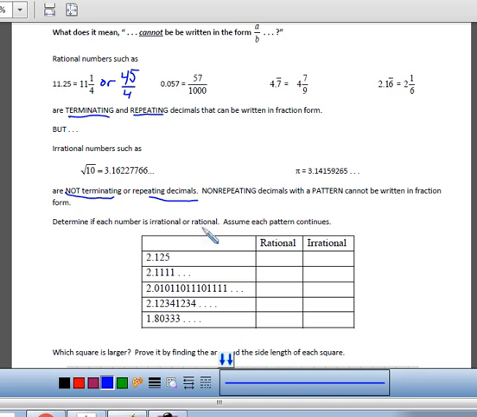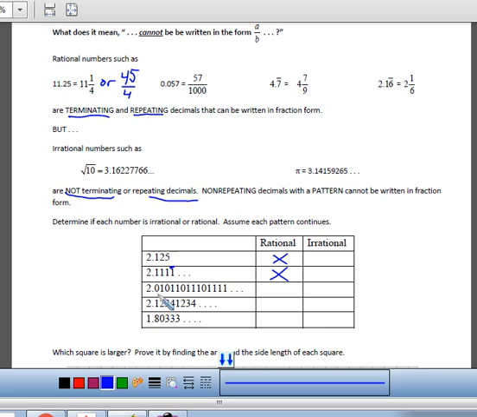Determine if each number is irrational or rational. Assume each pattern continues. Well, this one doesn't continue because there's no ... So because it's terminating, this is automatically rational. The next one, 2.1 repeating. Now, since the 1 is repeating, there's no pattern, this would be 2 1/9, so this is also rational.